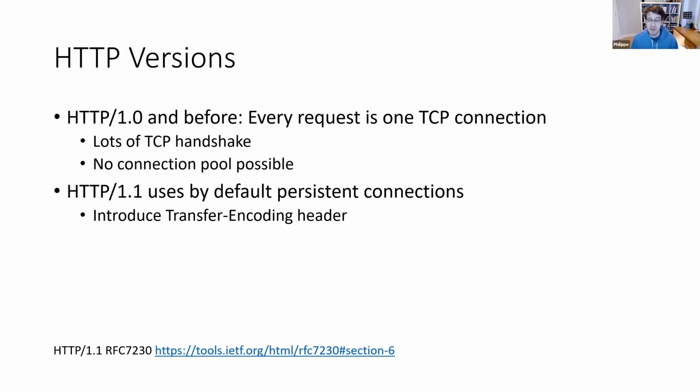In early versions, up to HTTP 1.0, every request needed a new TCP connection. This means your client, the web browser, needed to do a TCP handshake every time. You might say, I'm just loading one page, but this web page can load 4 JavaScript files, a CSS style sheet or more, and plenty of images.